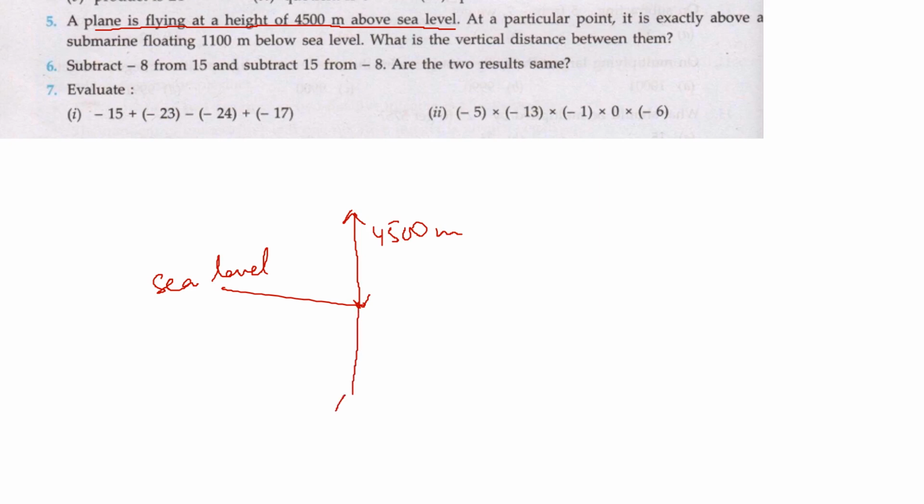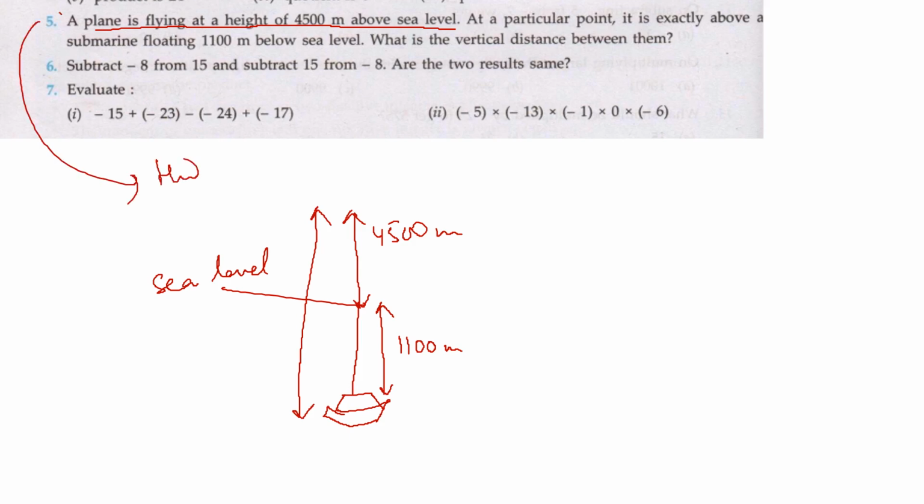Let us say this was the submarine which is floating, and the submarine is at a distance of 1100 meter below the sea level. What is the vertical distance? This total distance you have to find. You have to add the absolute values, remember. So this will be your homework, fifth one.